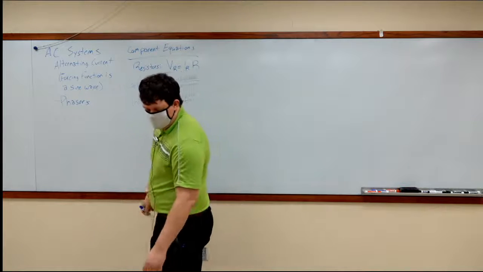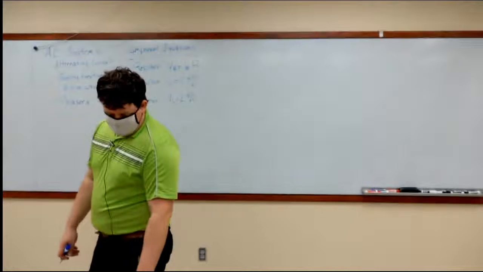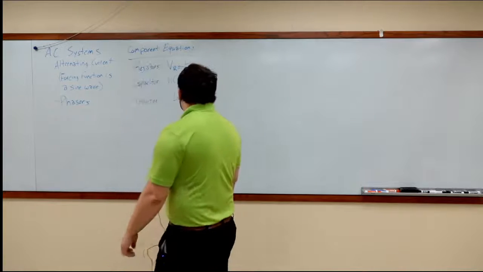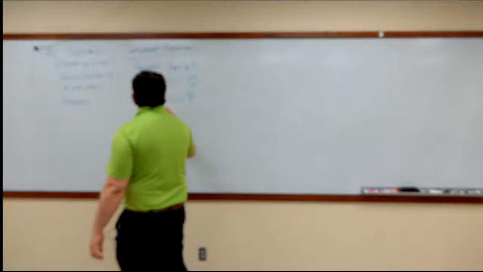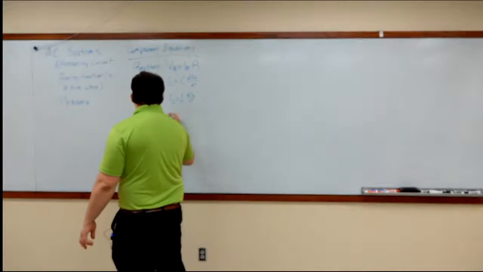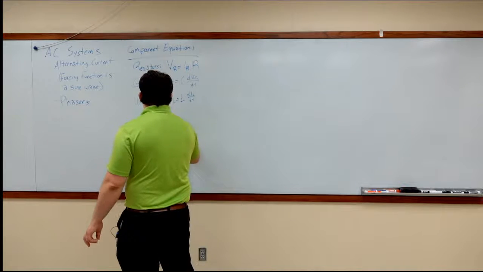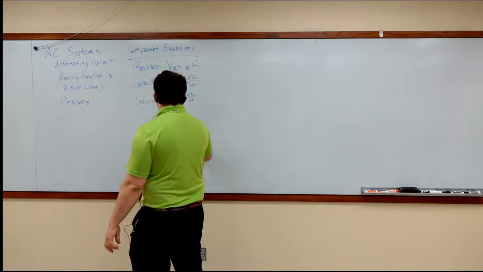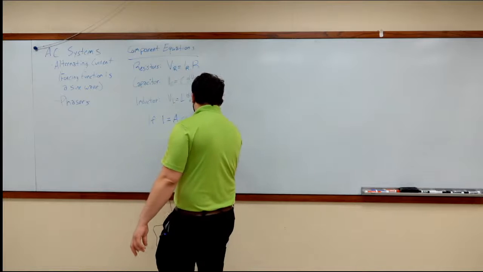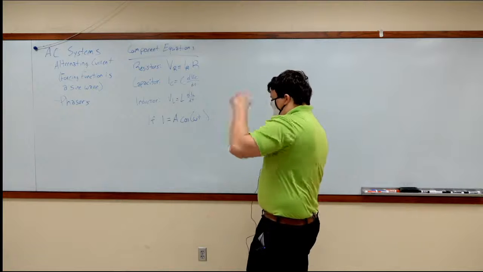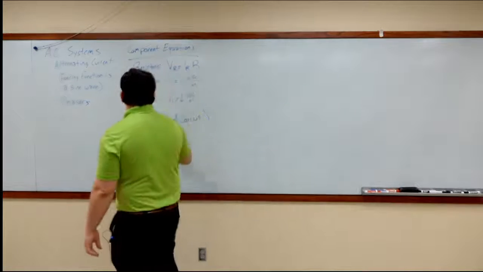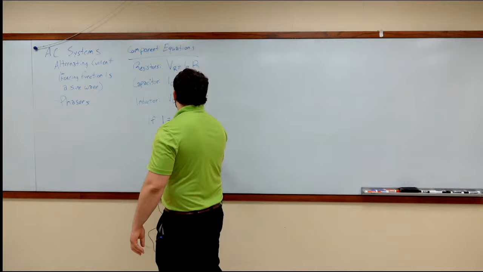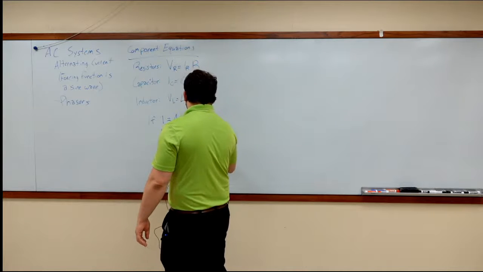So here, I think the example that the book gives is, if I is equal to just A cosine omega t, then for your resistor, VR is going to be equal to R times A cosine omega t.